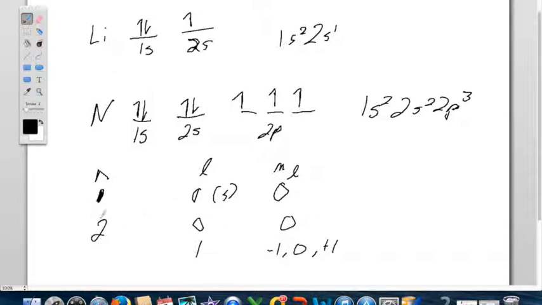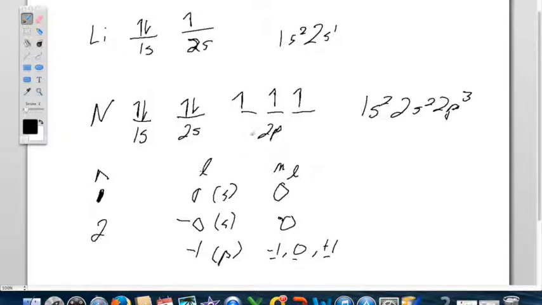That means in the second shell, n of 2, we have one S-shaped orbital, and we have 1, 2, 3 P-shaped orbitals. An L of 1 tells us that the orbitals in that subshell are P-shaped. This tells us how many we have. So the second shell has one S orbital and 3 P-shaped orbitals.